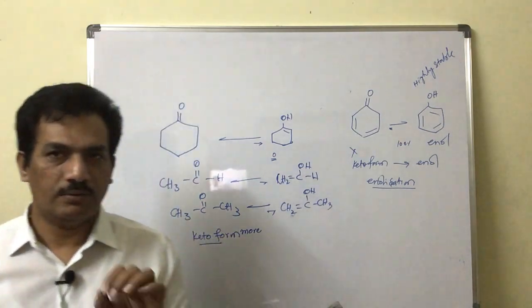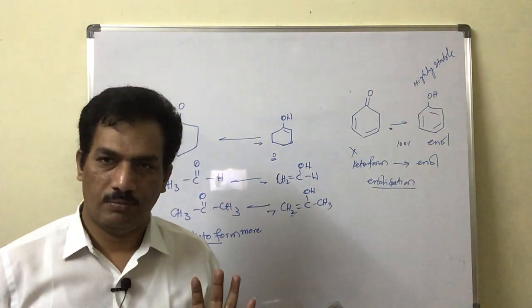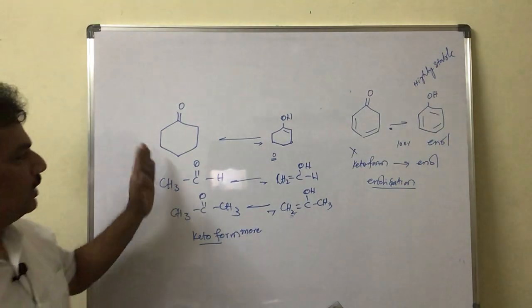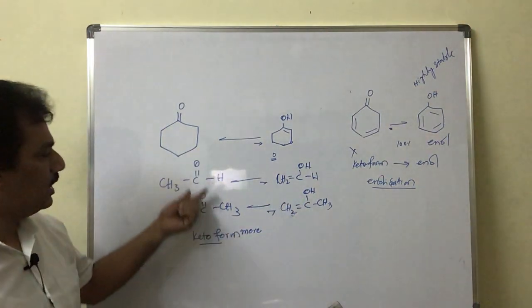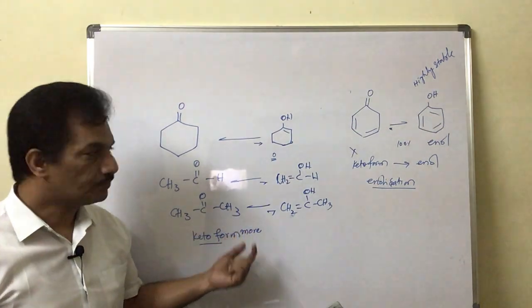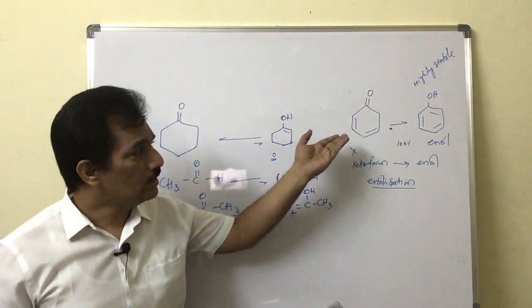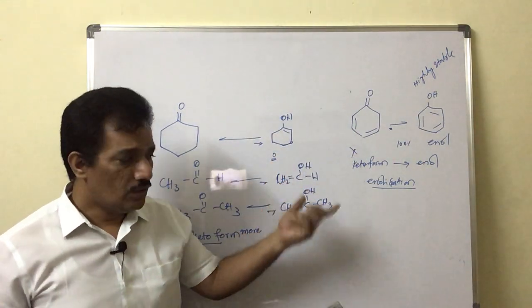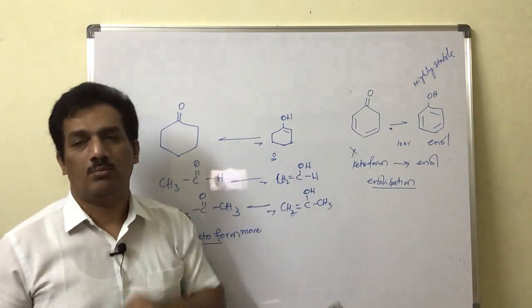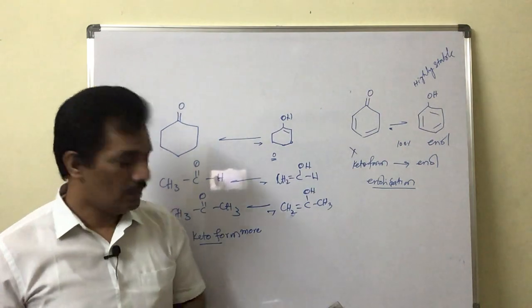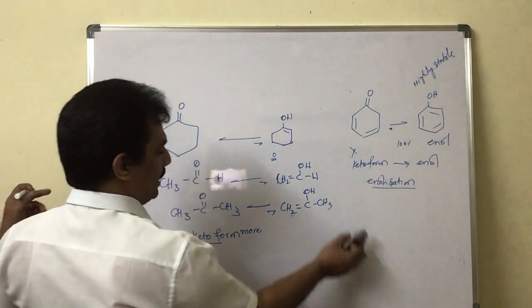There is no word related to ketone formation. Clear? Here the enolization is very less because of the stable CO double bond. And in such cases, enolization is more because the enol form is more stable. Clear? And now one more complexity.